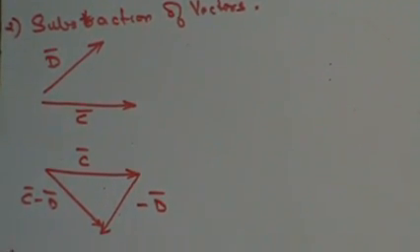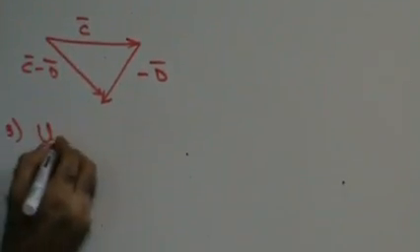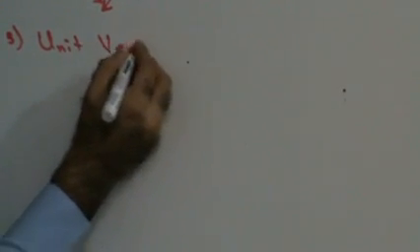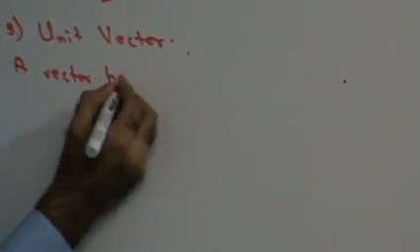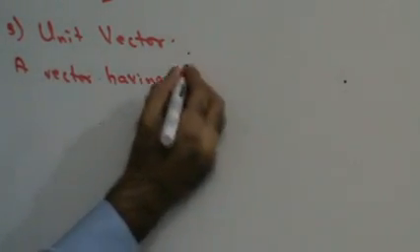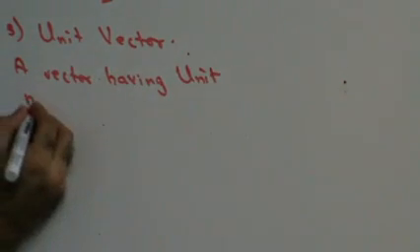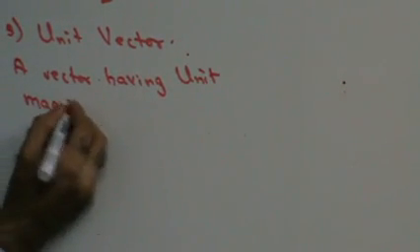The next thing we had seen last lecture is what is unit vector. A unit vector is defined as a vector having unit magnitude. Unit magnitude means its magnitude is 1.